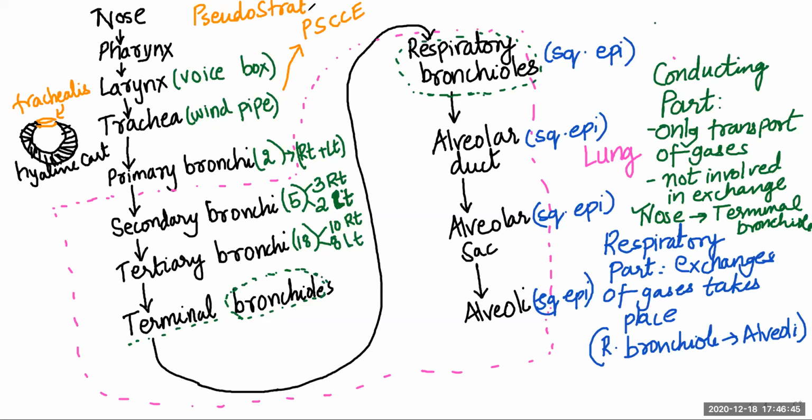The PSCCE stands for pseudo-stratified. It is not stratified, but it appears stratified. C for ciliated, another C for columnar, and E for epithelium. Pseudo-stratified ciliated columnar epithelium. Throughout the conducting part, there is ciliated columnar epithelium, and there will be hyaline cartilage even in the bronchi, and they will also have PSCCE.